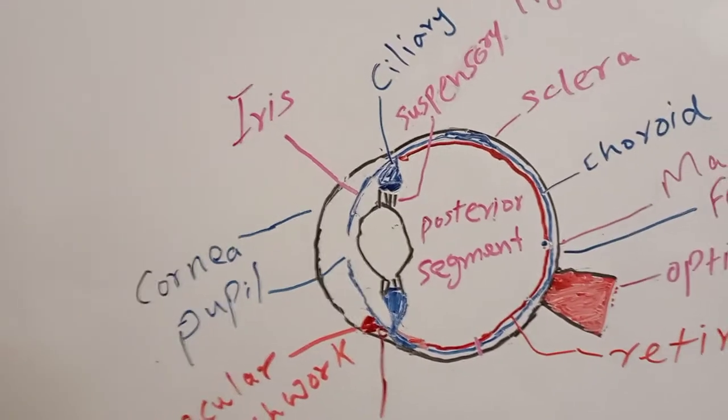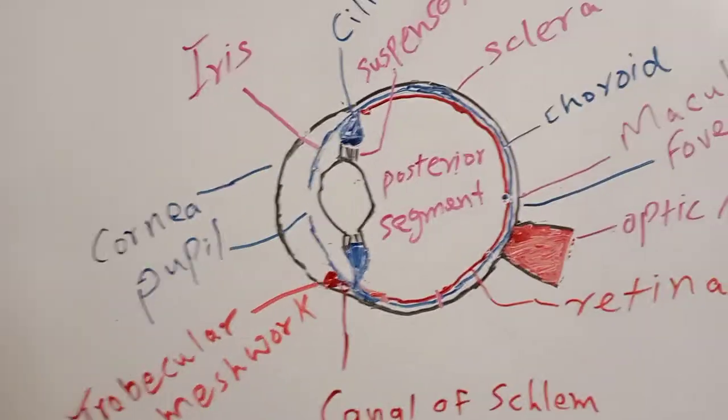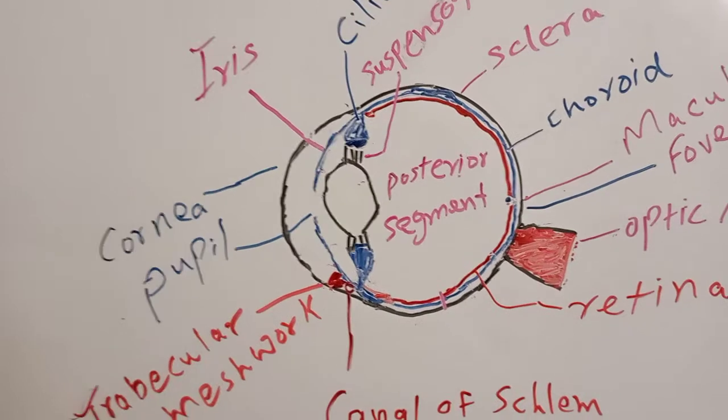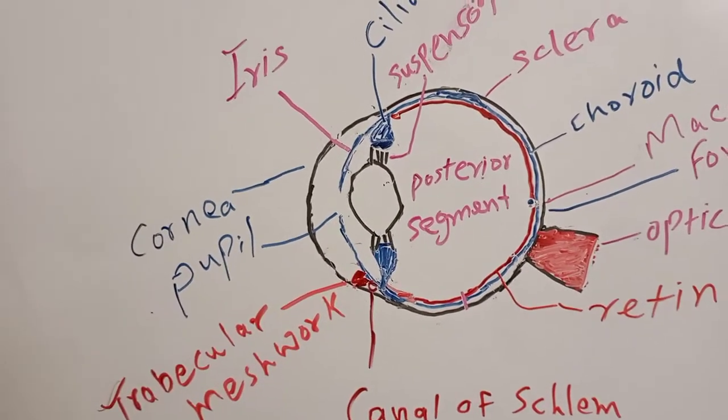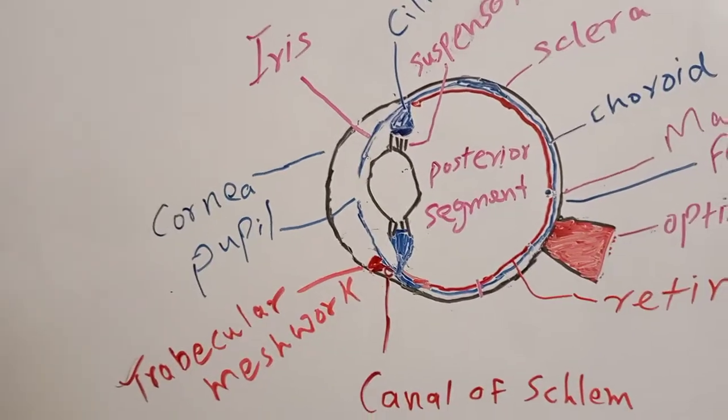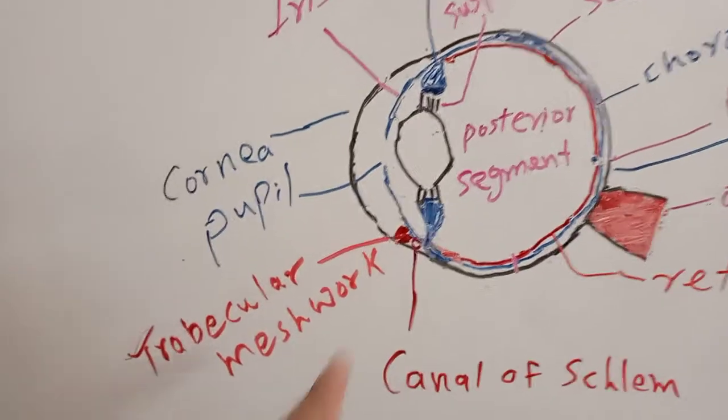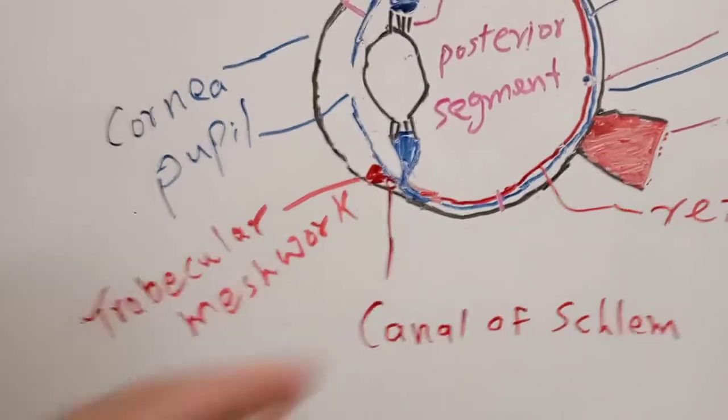It is filled with a watery fluid known as aqueous humor, which is constantly being produced and drained through the trabecular meshwork and canal of Schlemm.